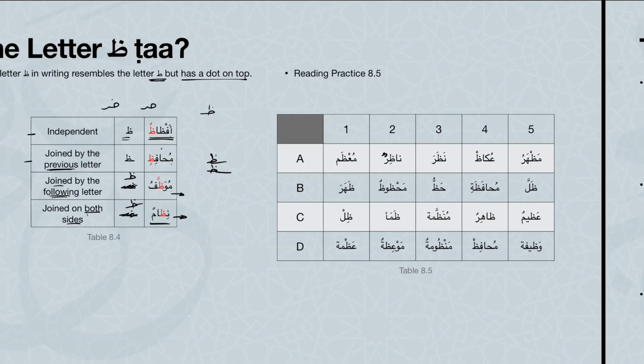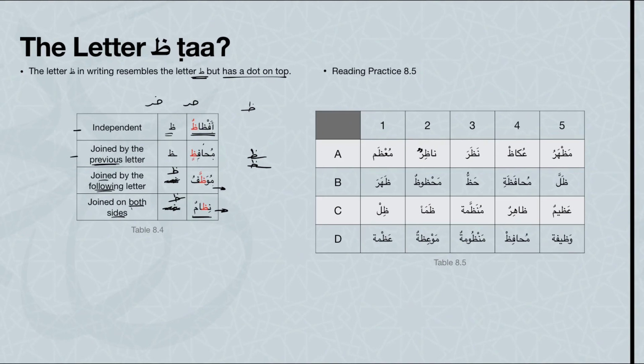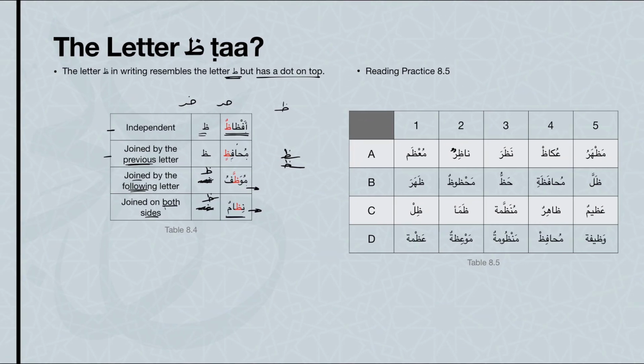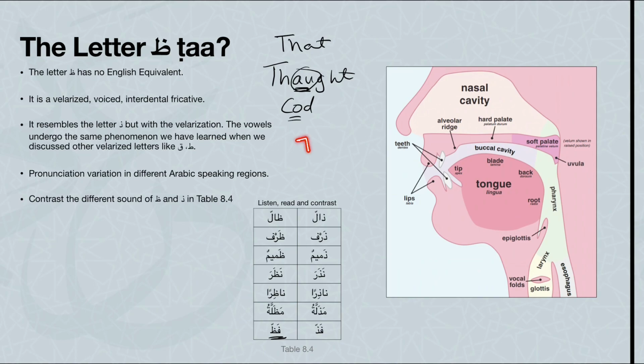Maybe in your native tongue or the other languages you speak doesn't have this sound, but for a starter you can start with the English that, these, those, until you manage the th sound in English, and then build up the whole velarization concept of basically adding the sound to an AU diphthong, or basically this cluster of vowels. So it becomes that and thought. Once you master that velarization, it's just basically practice until you reach the pronunciation of the letter. But very good effort. Thank you very much, Maya.